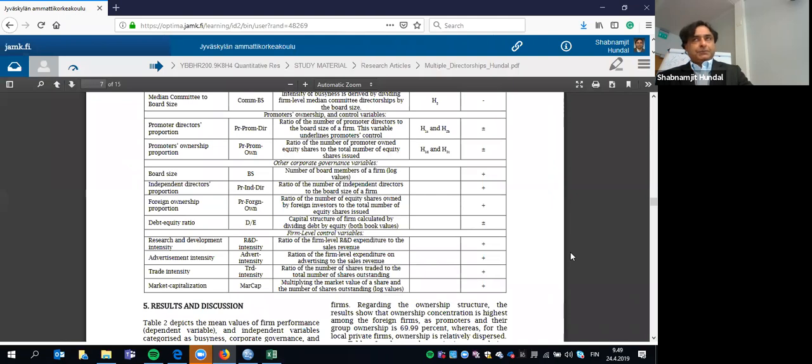My question to you: when you study literature very extensively, you can understand that this variable has a positive impact. Most of the studies say that advertisement makes positive impact on sales. So the sign is positive.